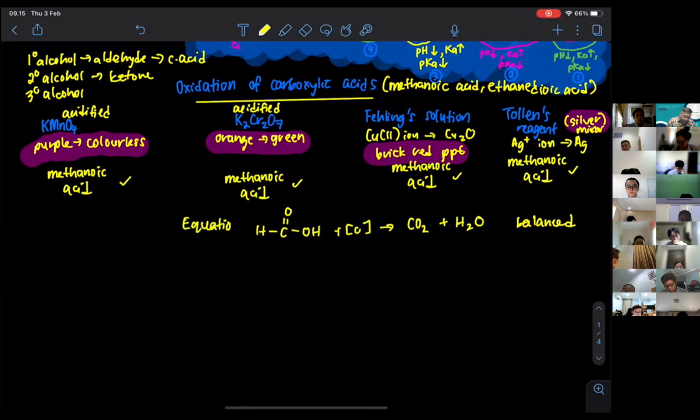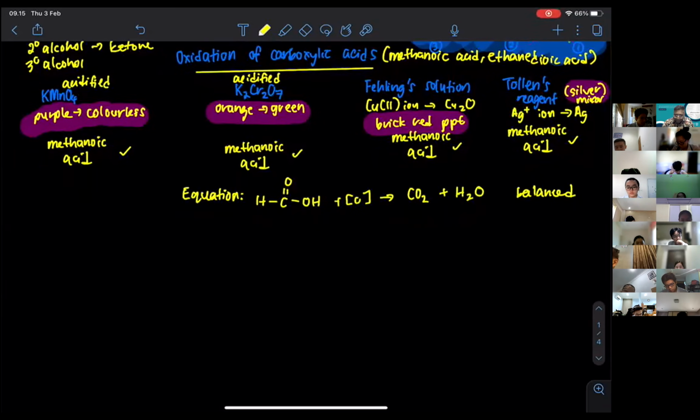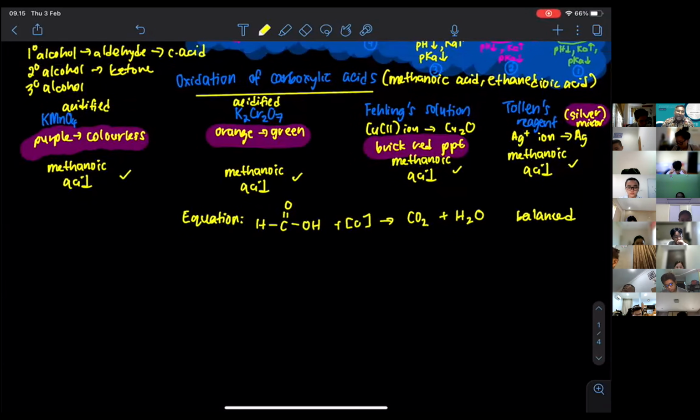Now, ethane dioic acid is slightly different. Ethane dioic acid requires a strong oxidizing agent. Why? Because they have two COOH groups, so they need a stronger oxidizing agent.